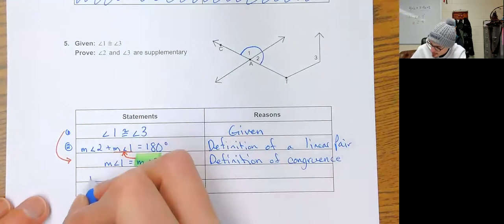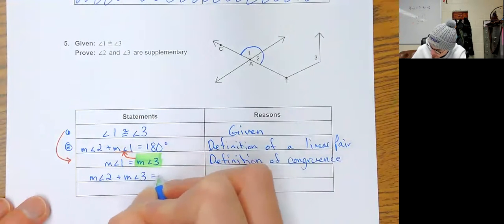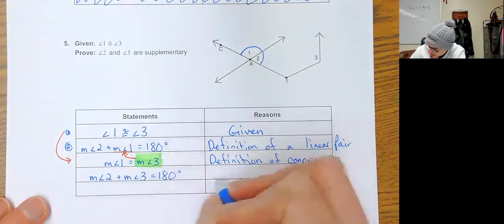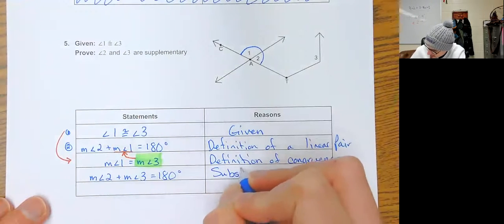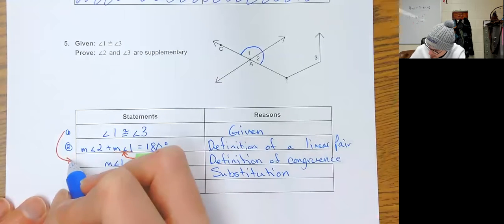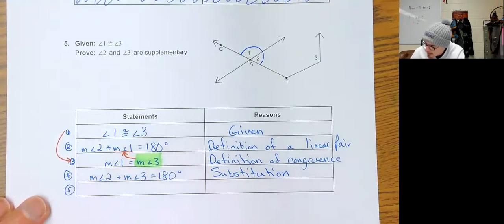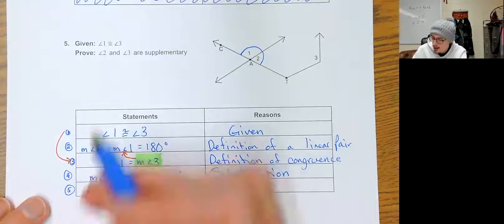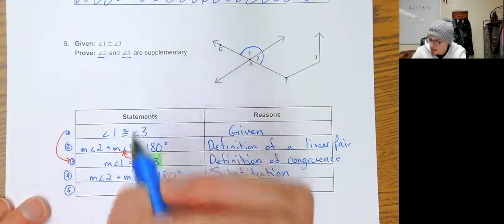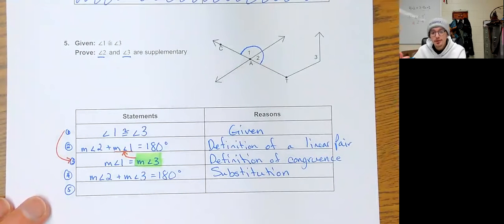So we get the measure of angle 2 plus the measure of angle 3 equals 180 degrees. Substitution. This would be step 3, this would be step 4, step 5. Now I have the measure of angle 2 plus the measure of angle 3 equal 180 degrees.